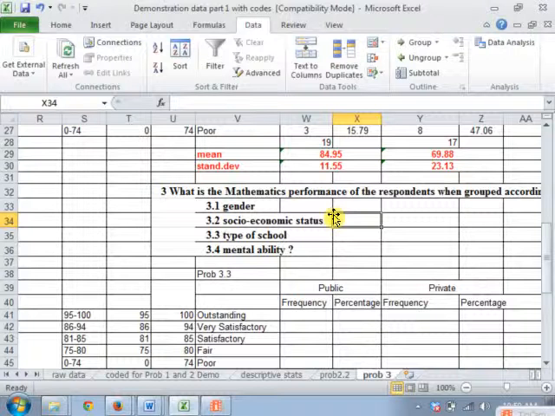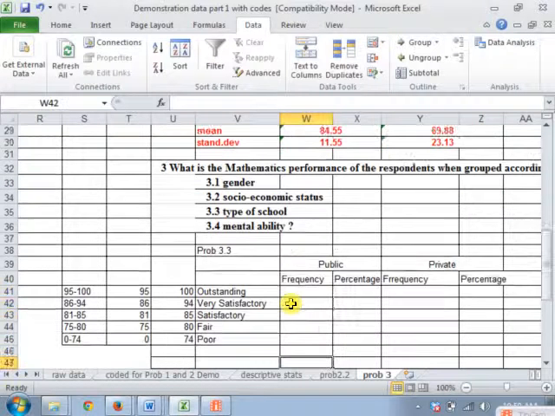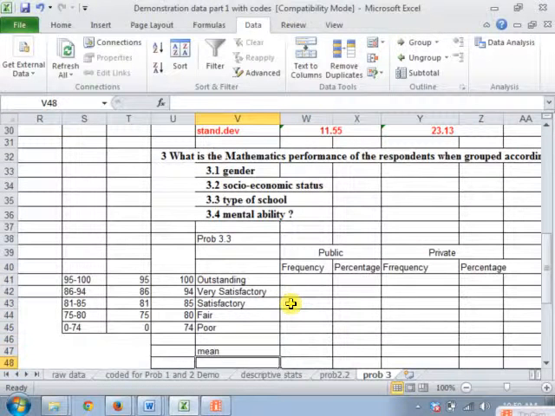So now you really want to see exactly what the performance is of my students from the public school. As Jay has said, basically you just want the mean and standard deviation of that, correct? But from the mean, we also want a picture of how the mathematics performance of students coming from public school is distributed.